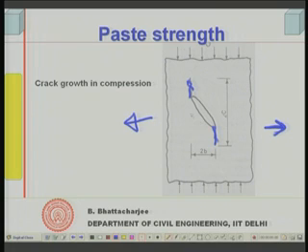And again here the initial flaw in the material influences the crack growth. Of course, it will not be based on such a simple equation, but it will be more complex, but we can understand that this will depend upon the dimension and the volumes of such pores or flaws available in the material. So, from this what we understand, the failure of cement paste under uniaxial compression is also a function of the volume of pores.